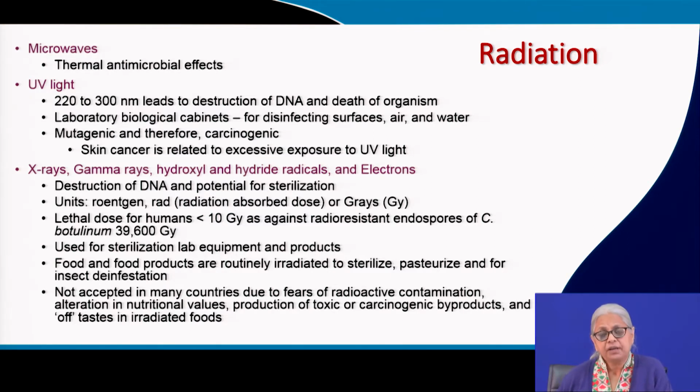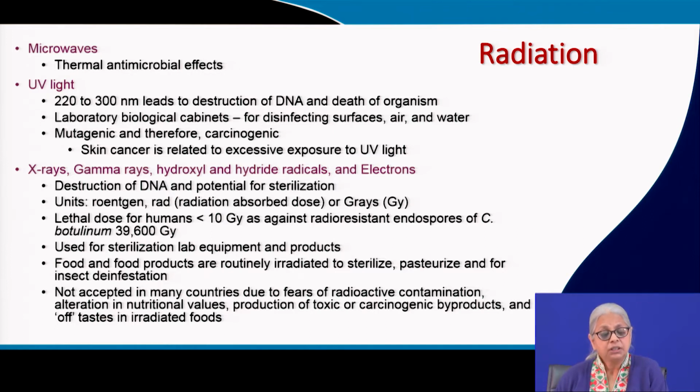I've already shown you in previous lectures that the lethal dose for humans is less than 10 grays, and we have endospores of Clostridium botulinum which can withstand 39,600 grays. So you can imagine that these endospores have enormous longevity, mainly because of their ability to withstand high radiation, heat, desiccation. All of these things give endospores their longevity.